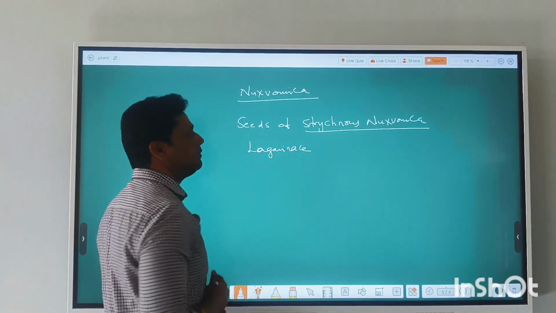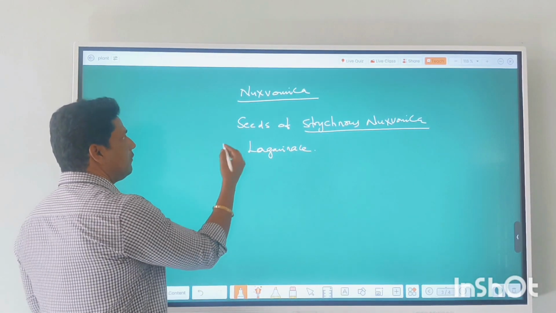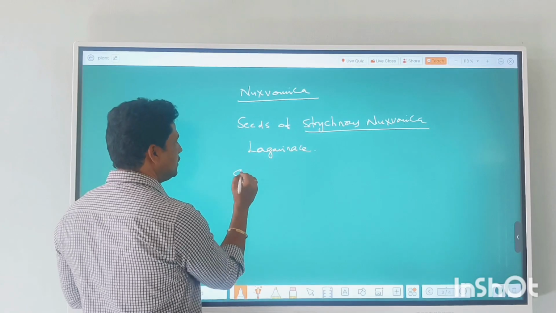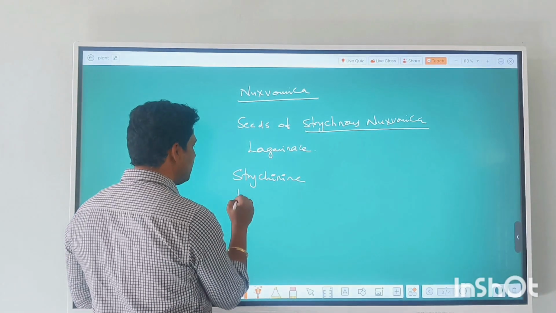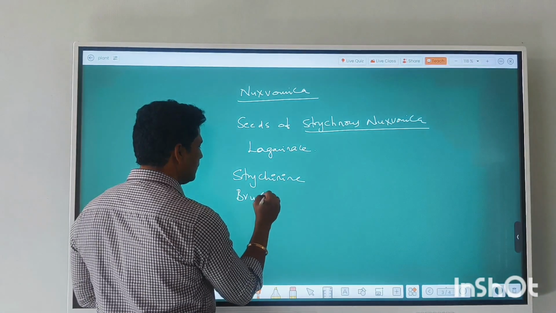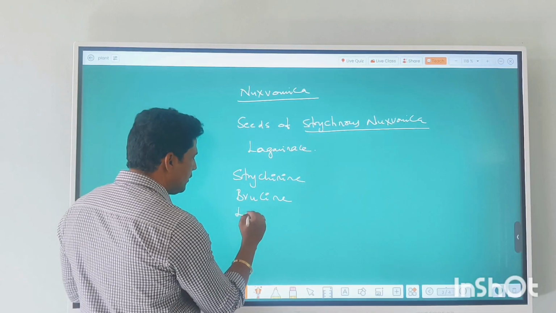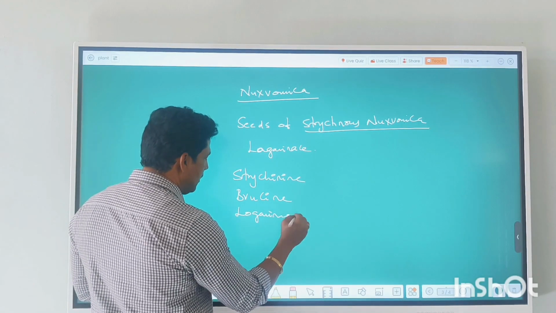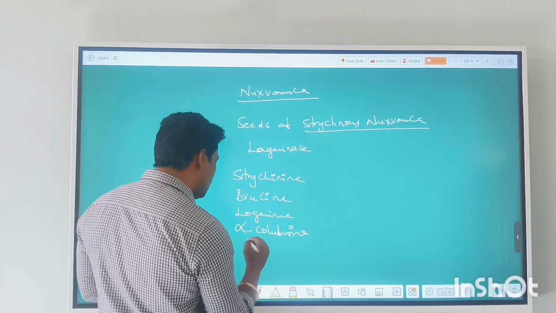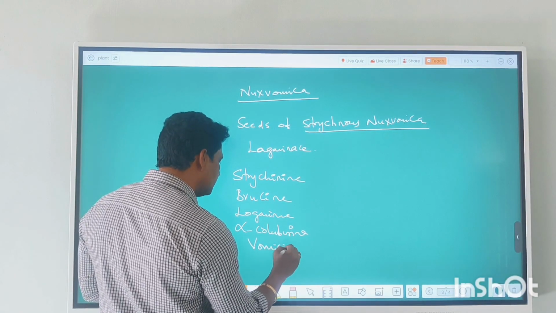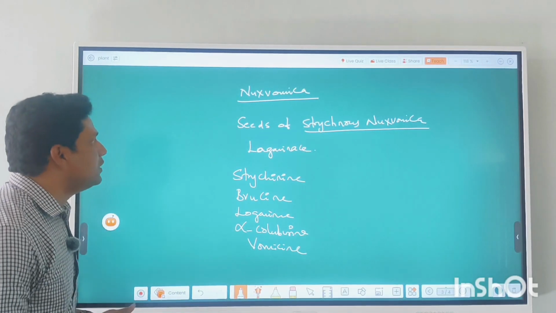The main chemical constituents of nux vomica are strychnine and brucine, loganin, alpha colubrine, and vomicine.